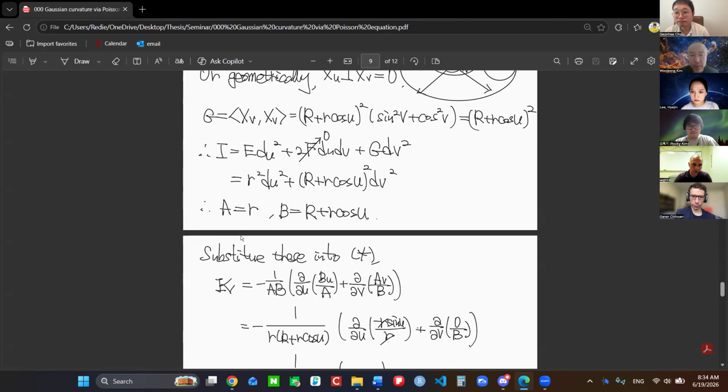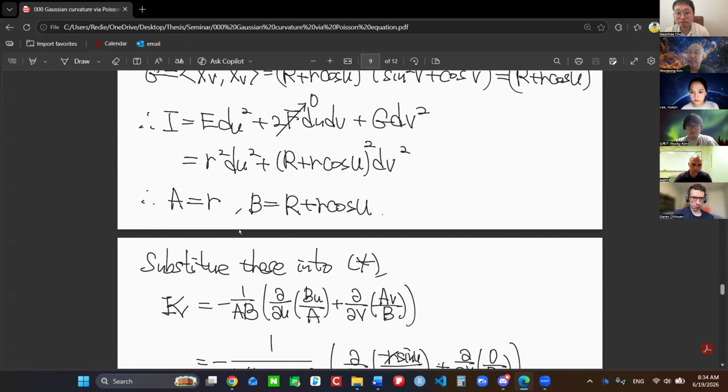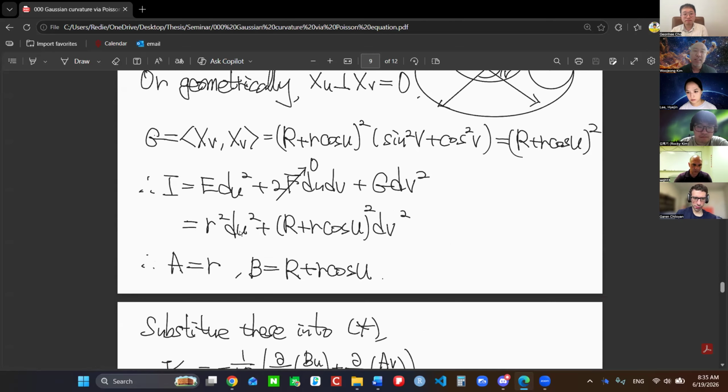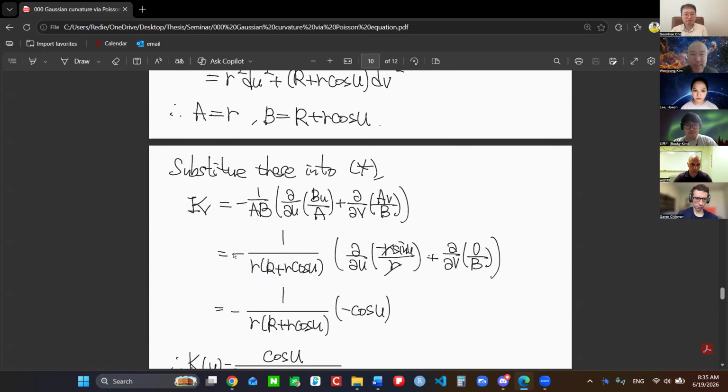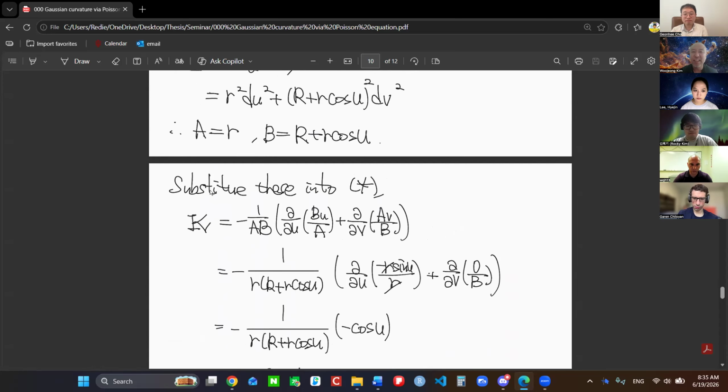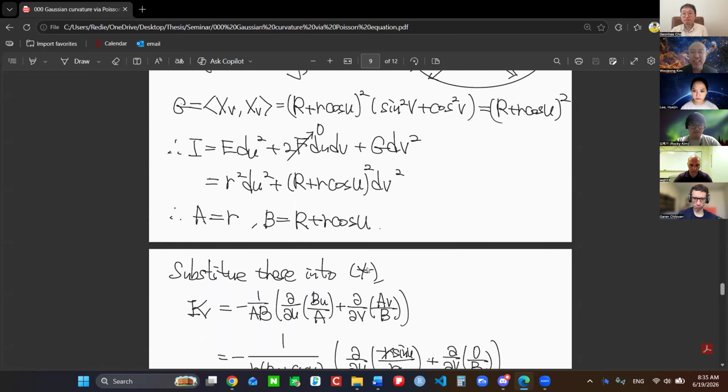But if you look at this, we have a problem. Here, A is R, and B is R plus R cosine U, because we defined A as E squared. In this case, A is not the same as B. Okay, let's keep that in mind. I'm going to substitute into the star equation.